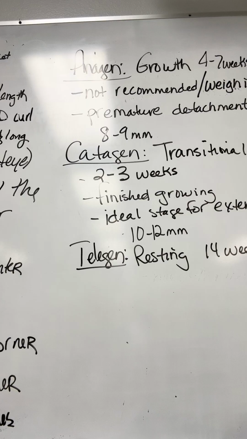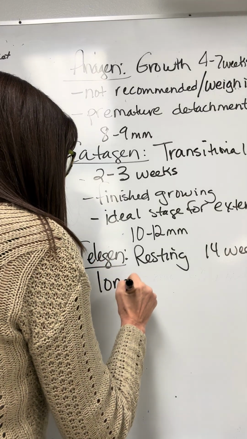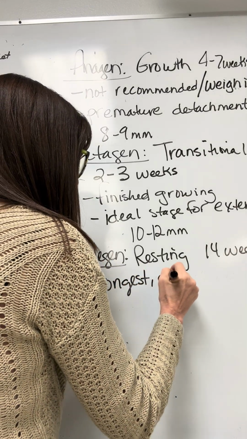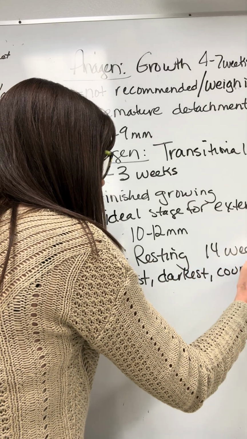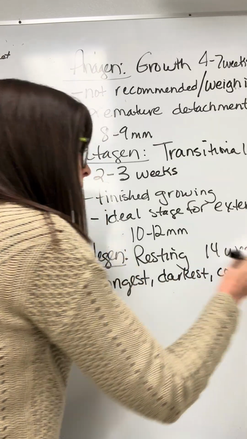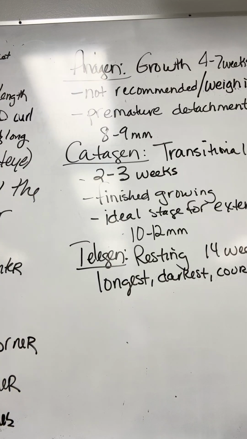This is where they are their longest, their darkest, and their coarsest. As your eyelashes grow in, when they're brand new, they're not as dark as they are when they fall out, and they're not as coarse either.